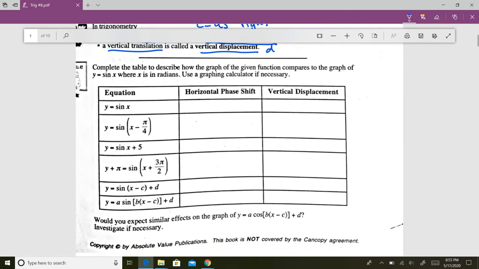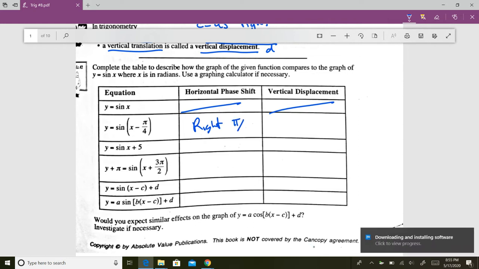All right, so we're quickly going to do this. Sine x, that's the most basic graph, so there is no shift left or right. Sine of x minus pi over 4, that's a c value, so we went right. We didn't do a vertical.